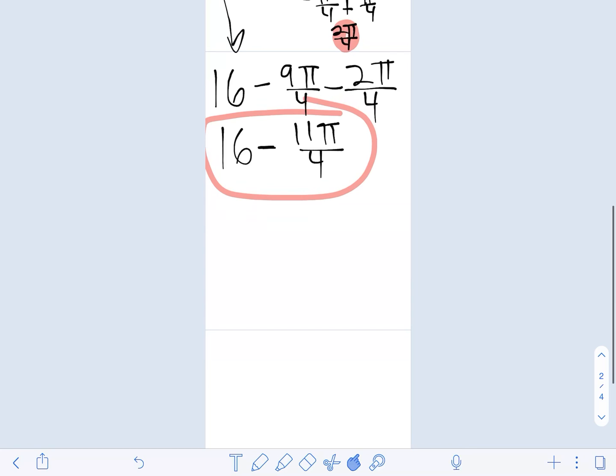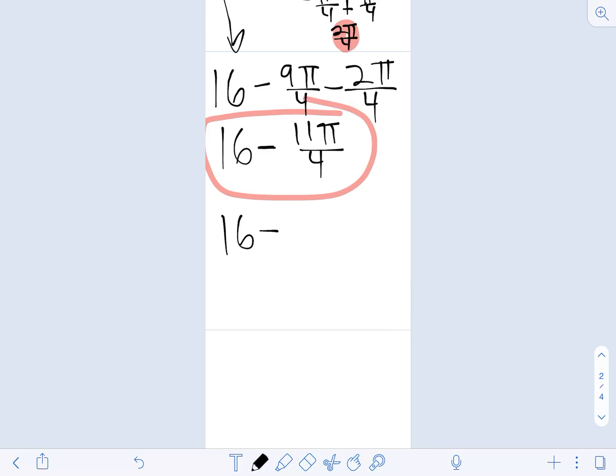Now, if you didn't do it this way and just did the calculator way, which is completely fine, let us see what your answer would be. Depending on when we did pi, this may change, but I don't think it will. So let's check. This one is just obviously 16. And now we do 11 times, I'm typing it into my phone calculator, 3.14.